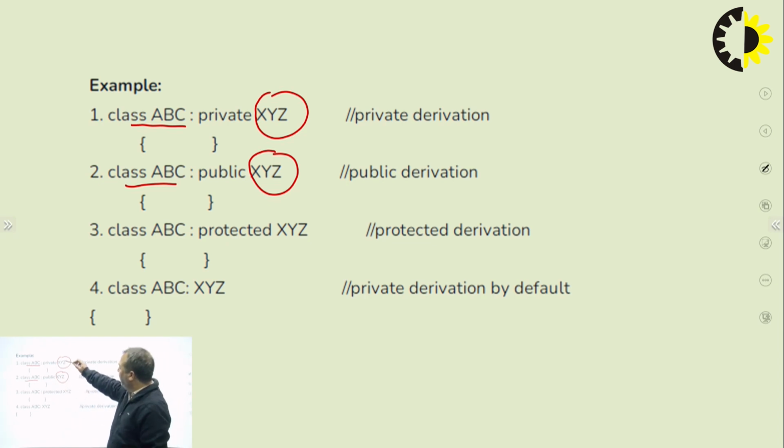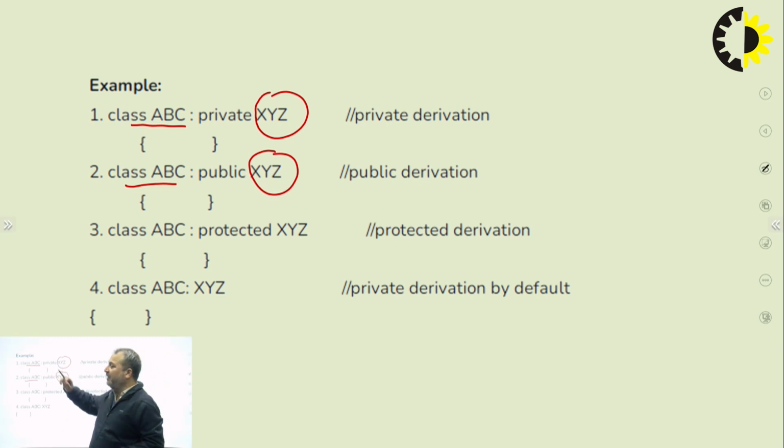So we can take the code or data of this base class into this new or derived class, depending on what we require. Ultimately, that data or function becomes a member of this ABC, depending on what access specifier is used here.